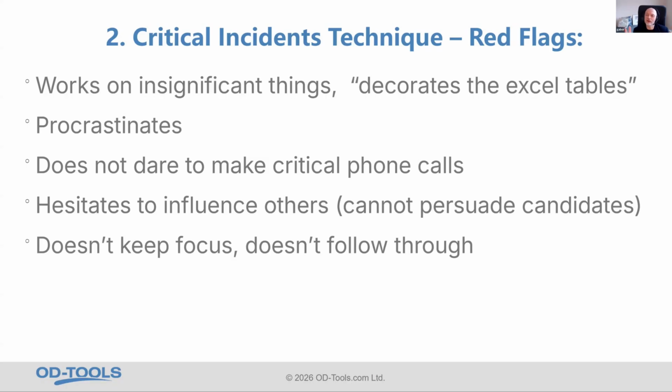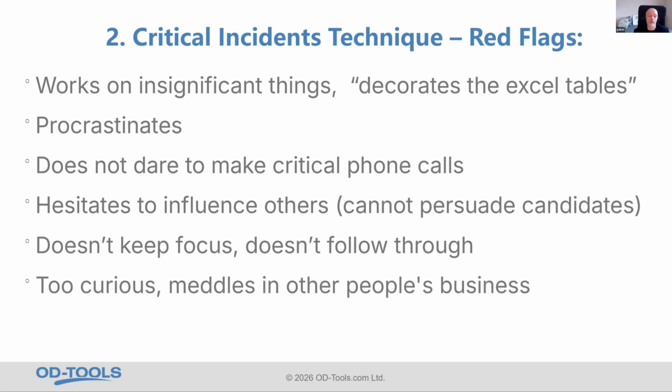So actually, these are pretty much aligned with what the AI said from the other way around: that was the success and this is how people fail. So far, the overlap is quite good. And there is another one, though: too curious, meddles in other people's business. So that one, the AI didn't catch.